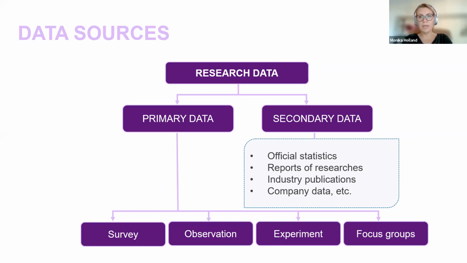So, primary data and secondary data. Secondary data is the so-called desktop research or desk research, where you can do the research online and gather information. There are official statistics, reports, industry publications, company data. It can be, think about associations, nonprofits.